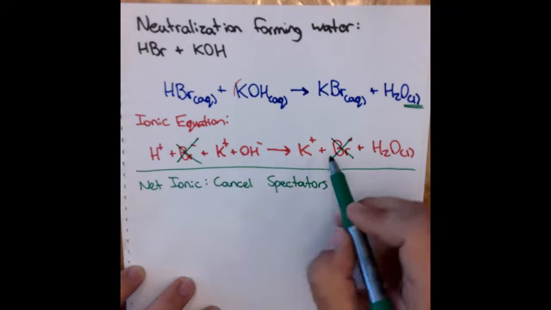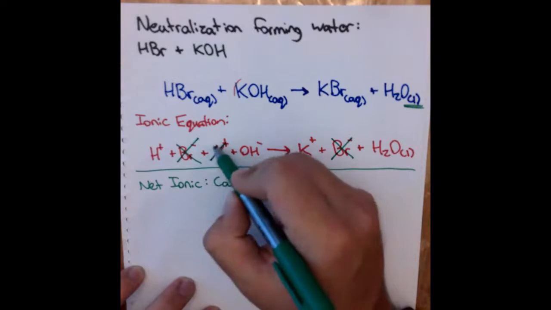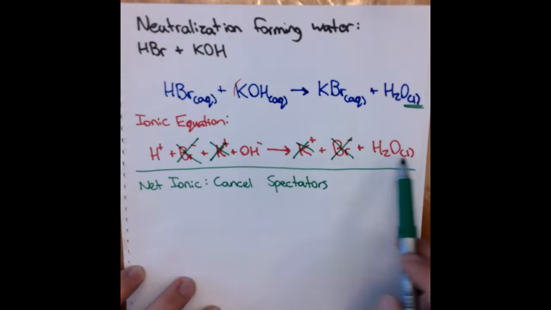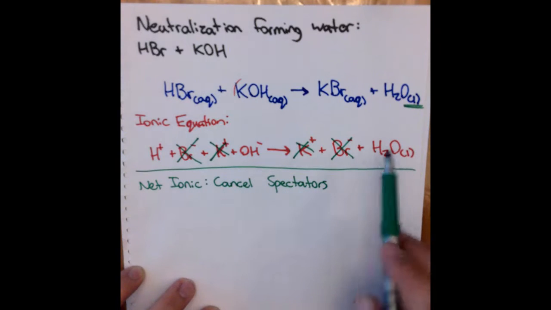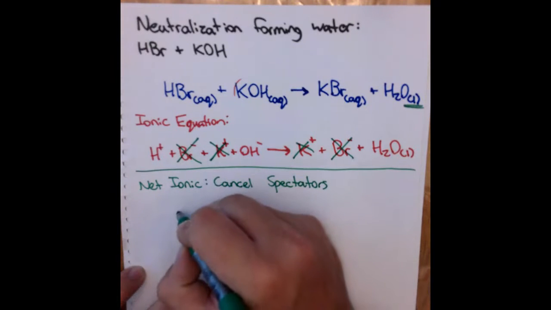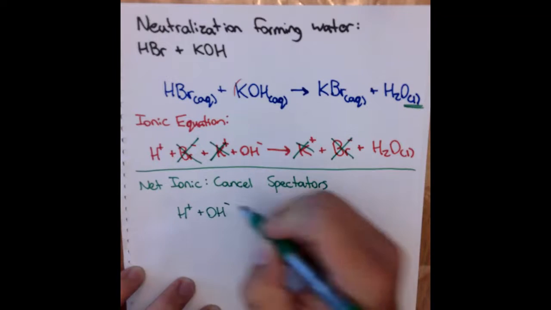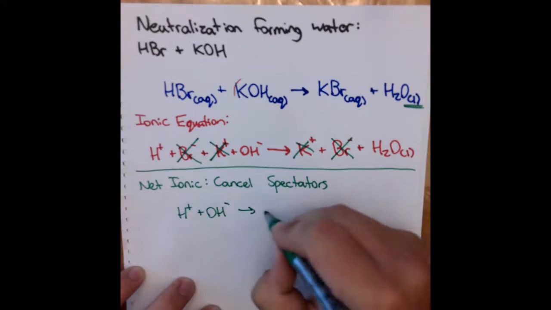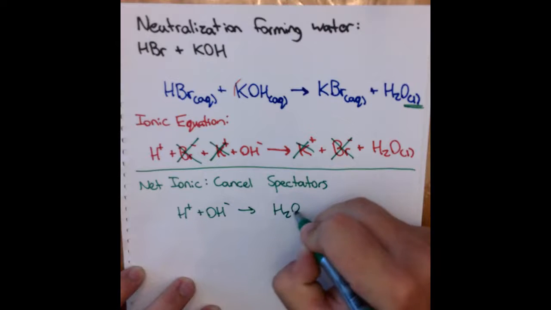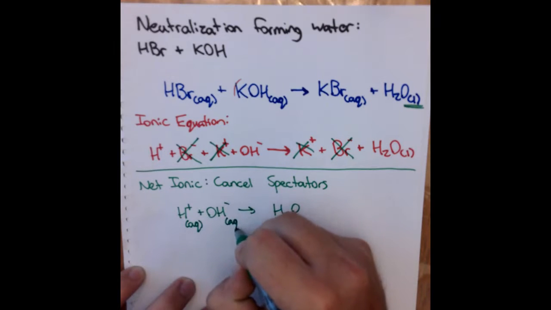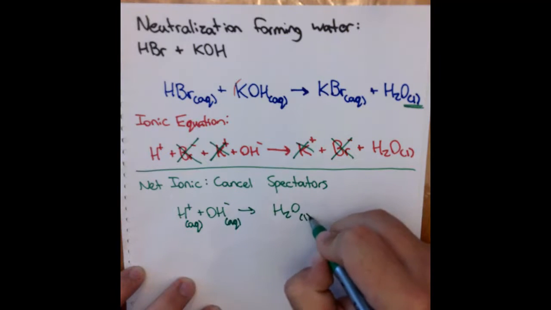My K plus, I also have a K plus here, so they haven't been changed, so I can cancel that out. And my OH, well, it's in my H2O as well. So now I just know that H plus plus OH minus is going to equal H2O. This is going to be aqueous, this is going to be aqueous, and this is going to be liquid.